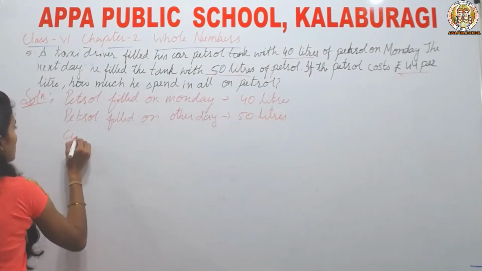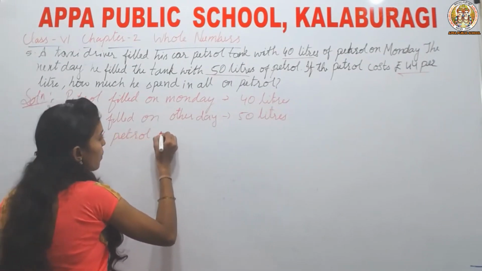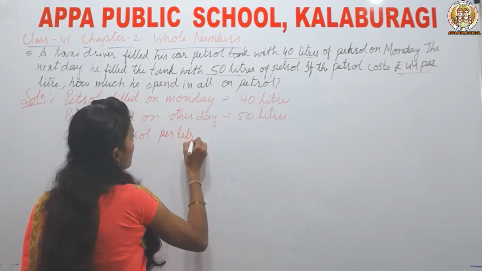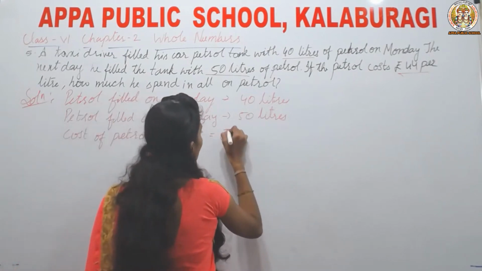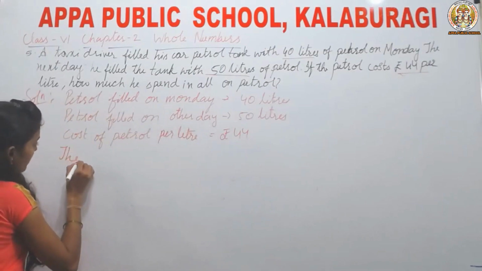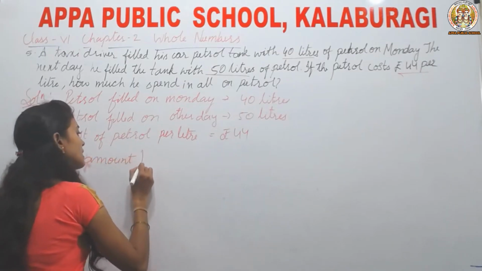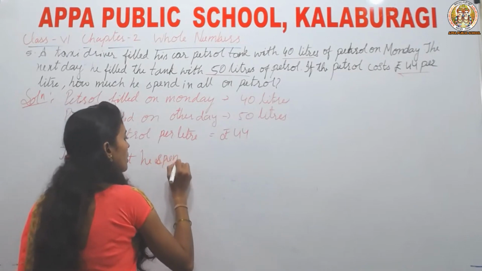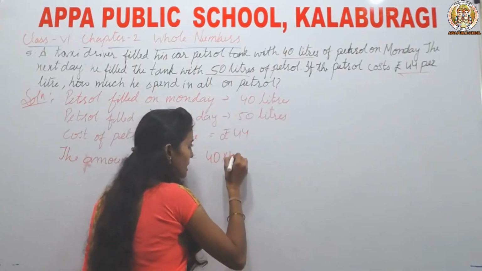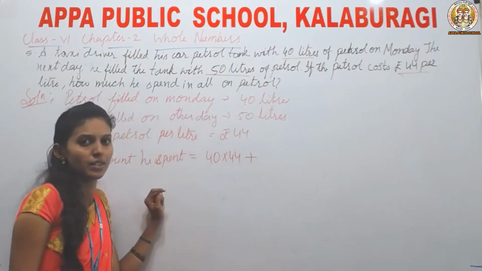Then the cost of petrol for 1 liter, the cost of petrol per liter, is rupees 44. Then the amount spent is for 1 liter of petrol, 44 rupees. On Monday he spent this much amount for 40 liters, and total they asked.